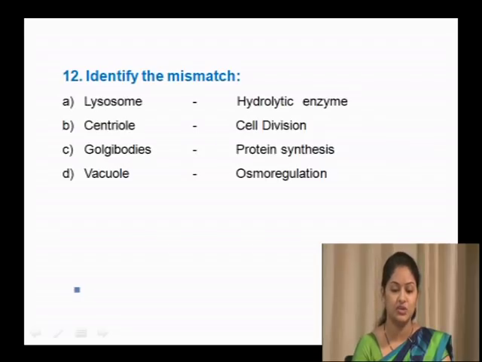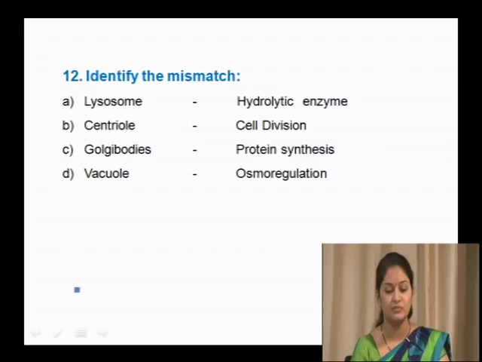B, centriole, associated with cell division. This is also the right combination because from the centrioles, asters and spindle fibers are formed which will help in the process of cell division. C, Golgi body, it is indicated as protein synthesis. Now, protein synthesis exactly is not the function of Golgi bodies.